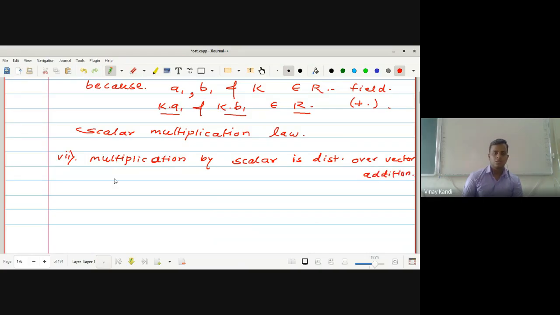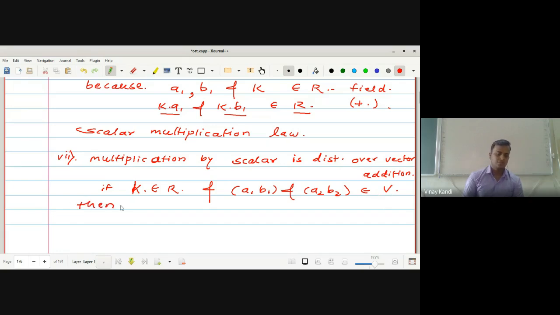How to do the multiplication by scalar: if alpha or k is an element from the set of real numbers, and for vector addition, (a1, b1) and (a2, b2) are elements from the set V, that is ordered tuples.